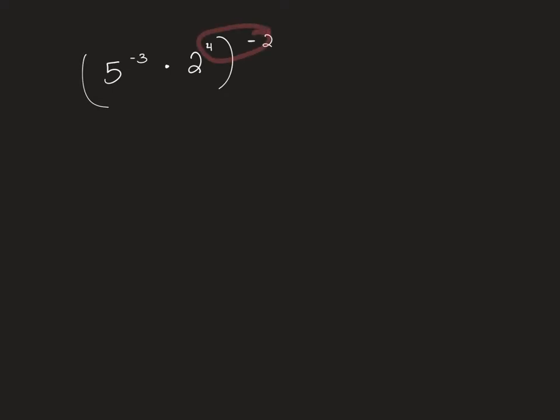But I need to multiply both sets of these exponents together. So if I rewrite this, I could rewrite this as 5 to the negative third, and I'm raising that to the negative second, times 2 to the fourth, and I'm raising that to the negative second. Think about distributive property when you have to multiply everything inside the parentheses.